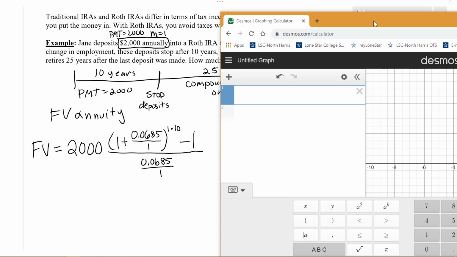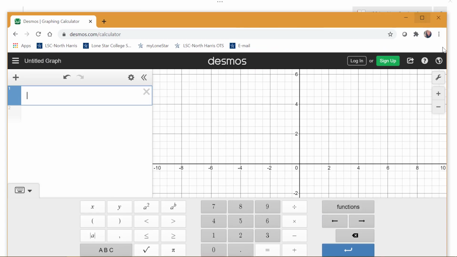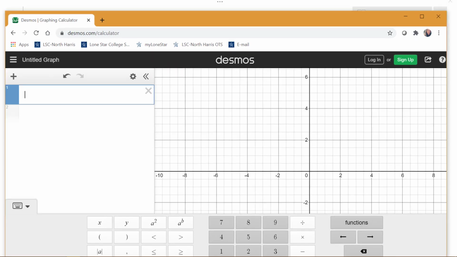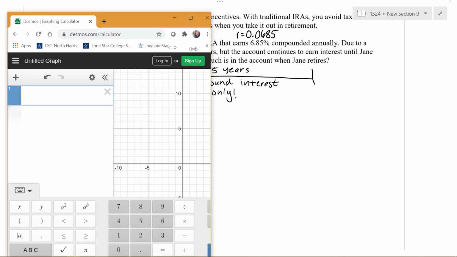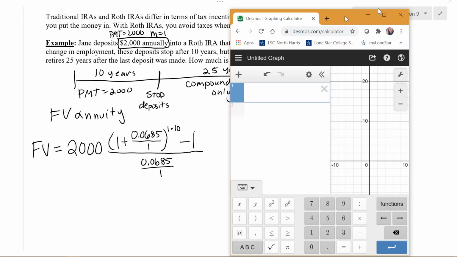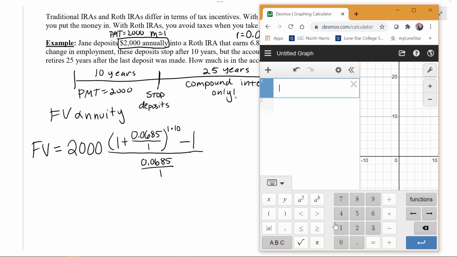So I'm going to have 2,000 times my 1 plus my R. Now I'm not going to do divided by 1 this time because divided by 1 is just that, so we'll just start to simplify a little bit here.